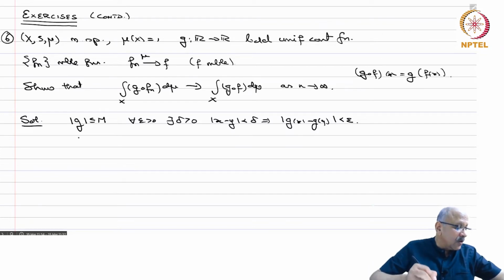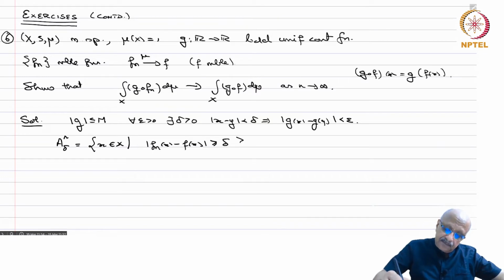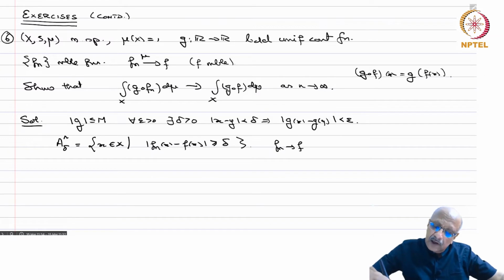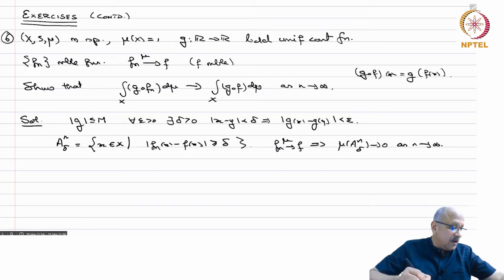Now given epsilon there is a delta, and we define A_{n,delta} to be the set of all x in X such that mod f_n(x) minus f(x) is greater than or equal to delta. Since f_n converges to f in measure, mu of A_{n,delta} tends to 0 as n tends to infinity for every delta fixed.